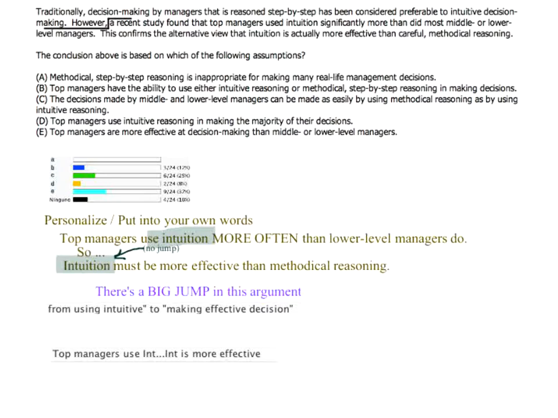But if you look at what happens in this other part, top managers use something more often. And then, whoa, it must be more effective. Top managers use it more often. Therefore, it must be more effective. There's my weirdly big jump in this argument, which is that top managers do something more often is treated as though it were equivalent to it's more effective.